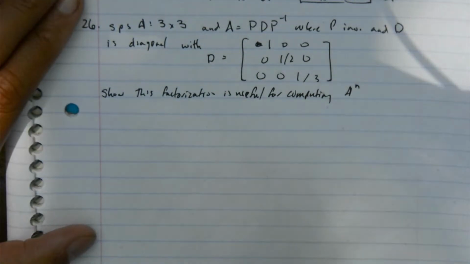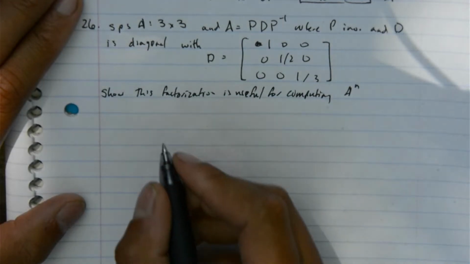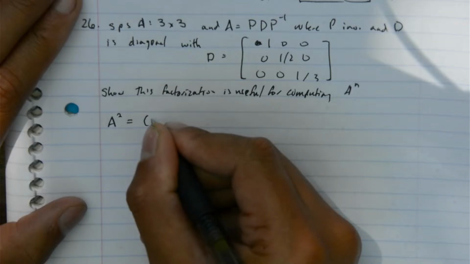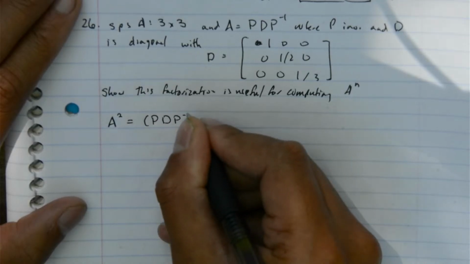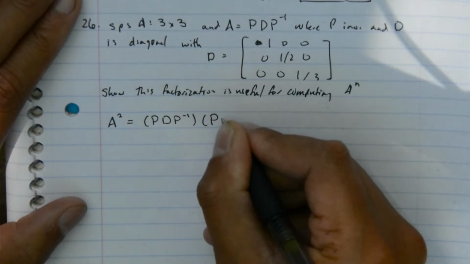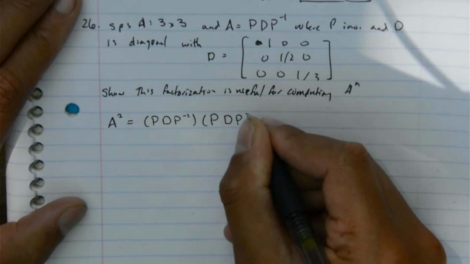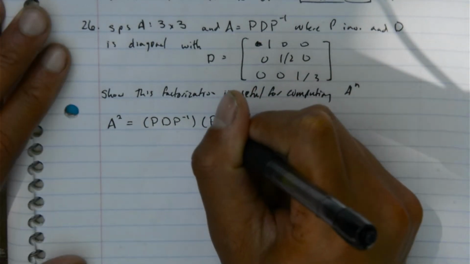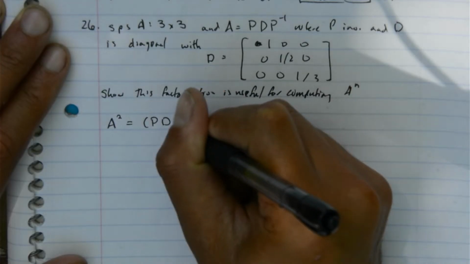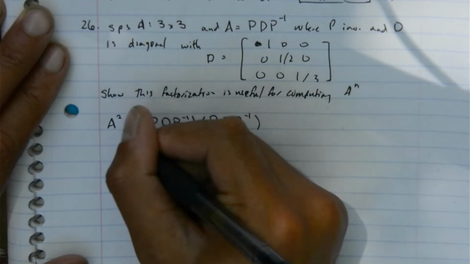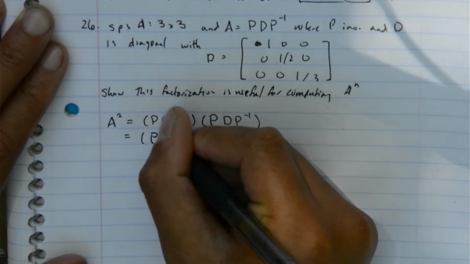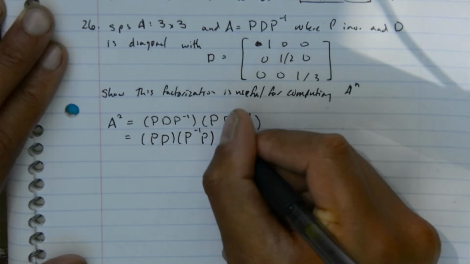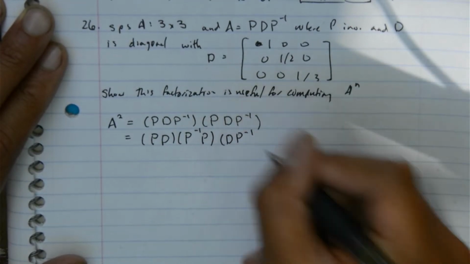Okay, so the first thing we're going to do is let's just take A squared, which is equal to P D P inverse times P D P inverse. Okay, so this should be obvious because we see immediately that this is equal to P D P inverse P D P inverse.